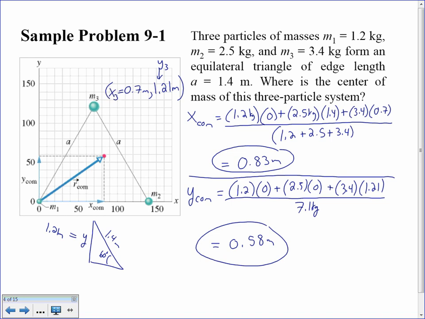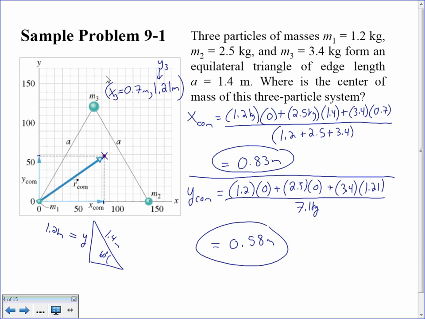So again, this coordinate of the center of mass is at x equals 0.83 and y equals 0.58. And so it's not located at the center of that triangle. Mass 2 was more massive than mass 1, so it pulls the center of mass to the right.